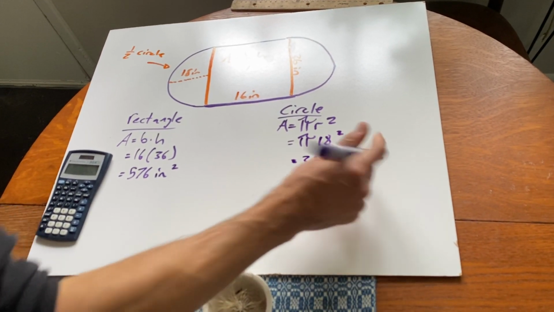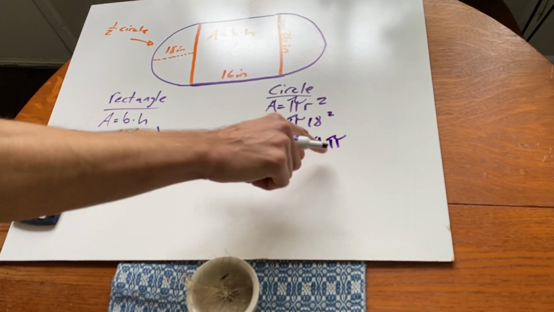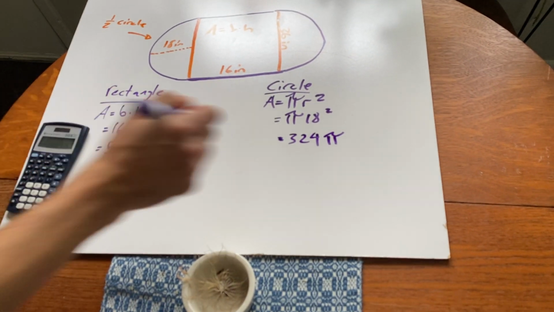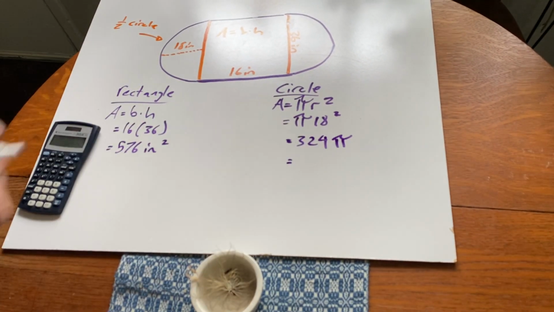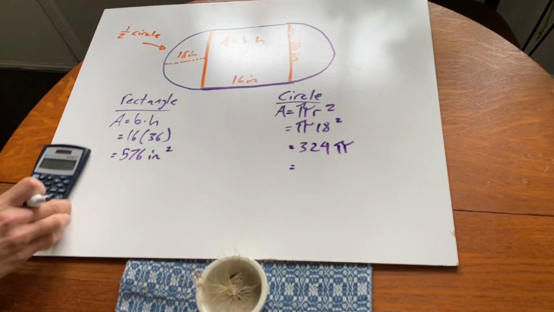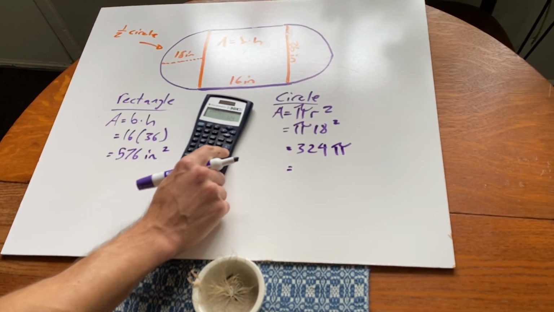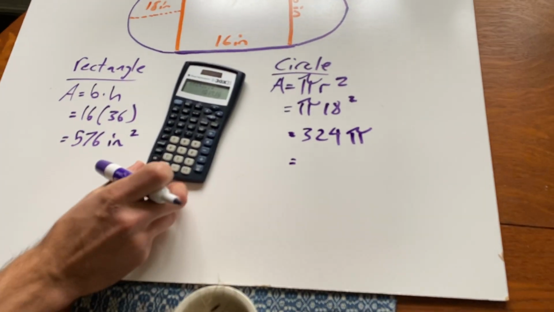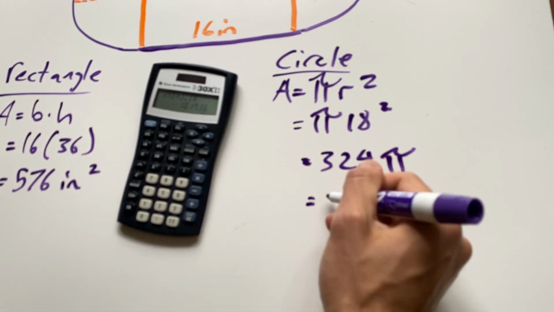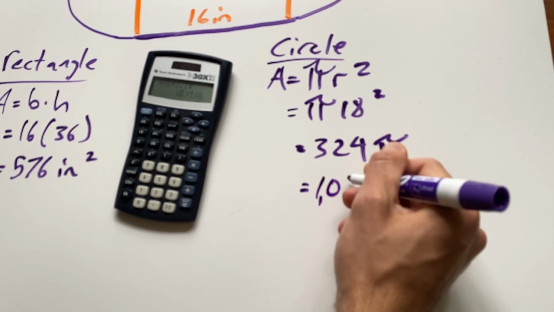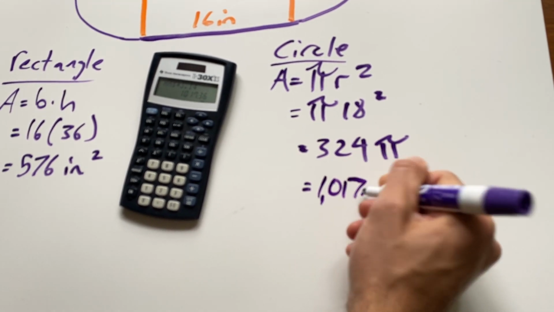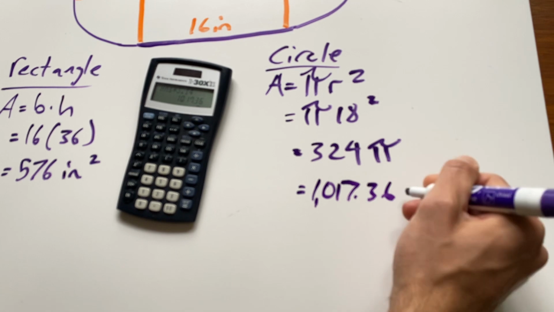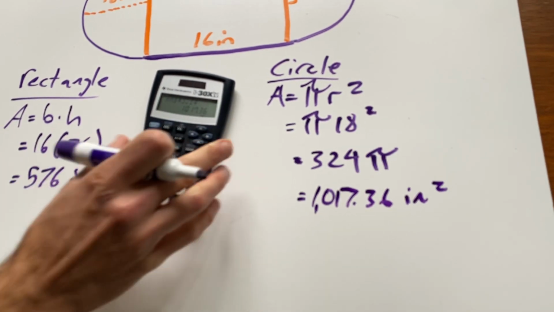And now if I told you to put your answer in pi, you could leave it like that, but we want to get a real answer that is usable. So I'm going to approximate that by multiplying by approximately 3.14, which is the measure of pi. And so that's 1,017.36 inches squared.